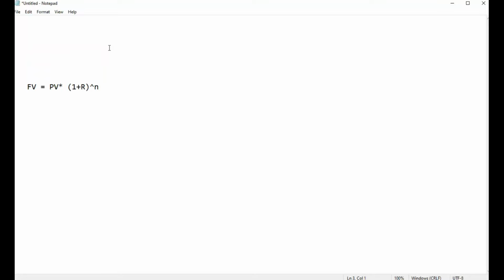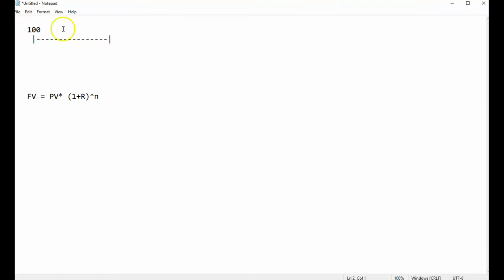Let's make a simple notation. Suppose we have a timeline, and this is time 0. To make it simple, assume we deposit $100 in the bank for 1 year.